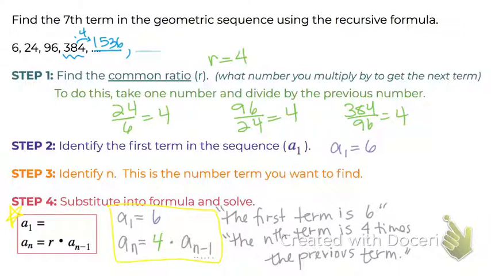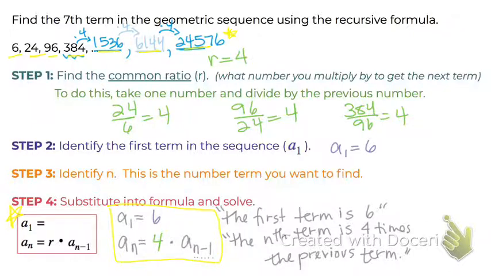And then to find this term, I just take the previous term and I multiply it by 4. And to find this term, I take the previous term and I multiply it by 4. So if this question is asking me to find the 7th term, 1, 2, 3, 4, 5, 6, 7, this would be my answer. So this is how I use the recursive formulas.